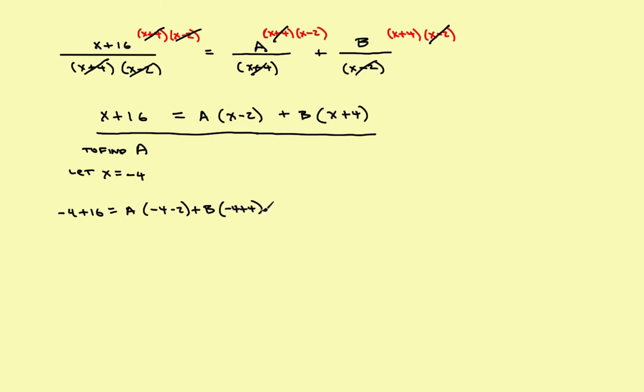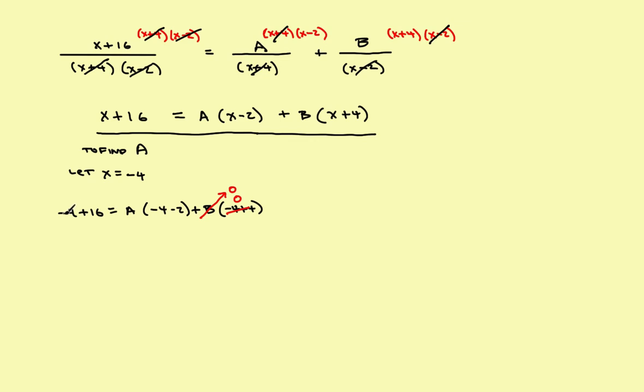Now that does exactly what you want it to do. You're trying to get rid of B, so -4 plus 4 goes to 0, and 0 times anything is 0, so this whole term disappears.